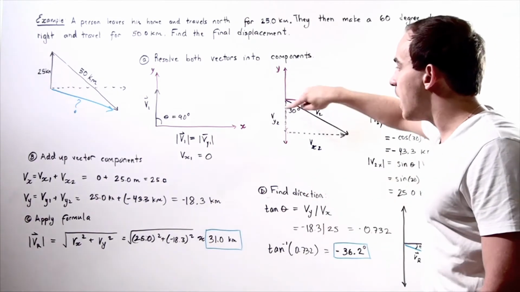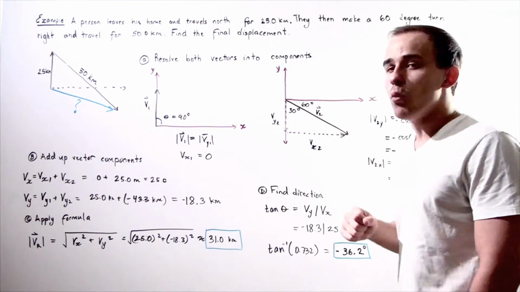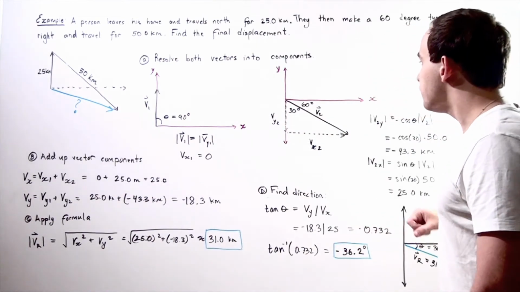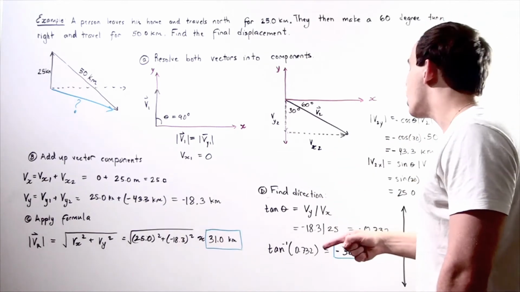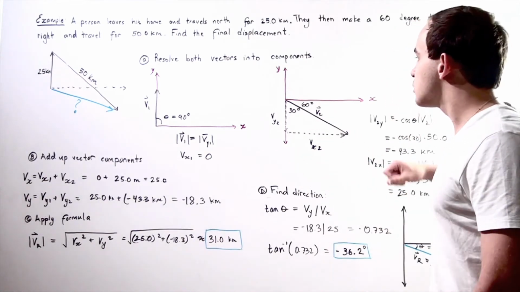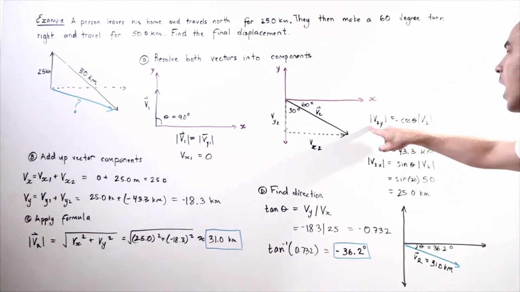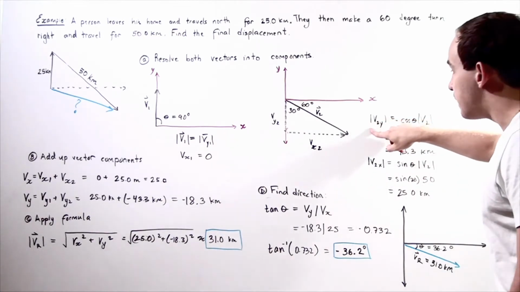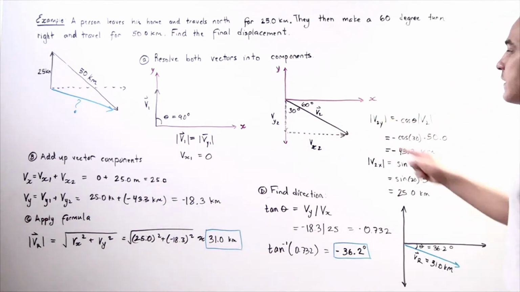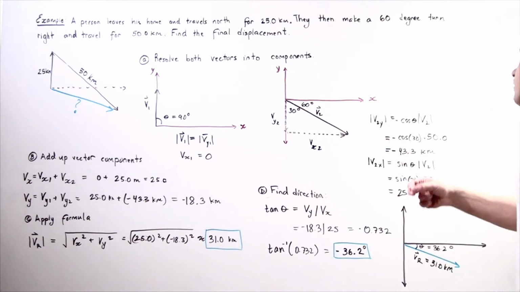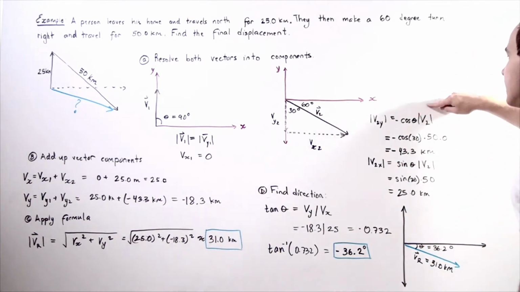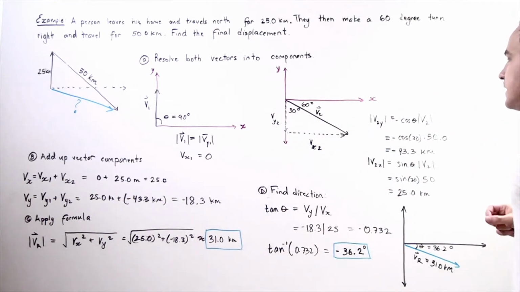So in order to find what our component along the y direction is, we simply use our cosine. Cosine is adjacent over hypotenuse. So that means our vector along the y direction, Vy2, is equal to negative of cosine of the angle multiplied by our magnitude of v2.